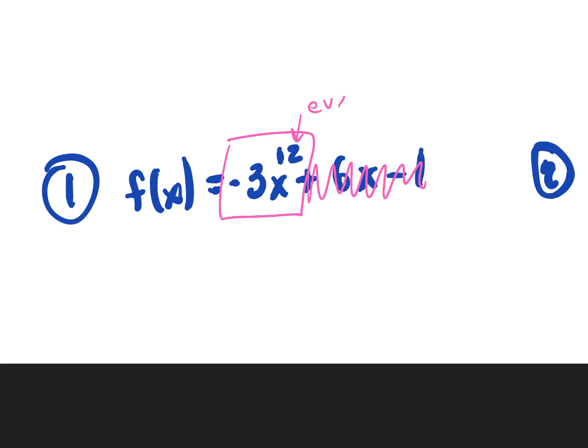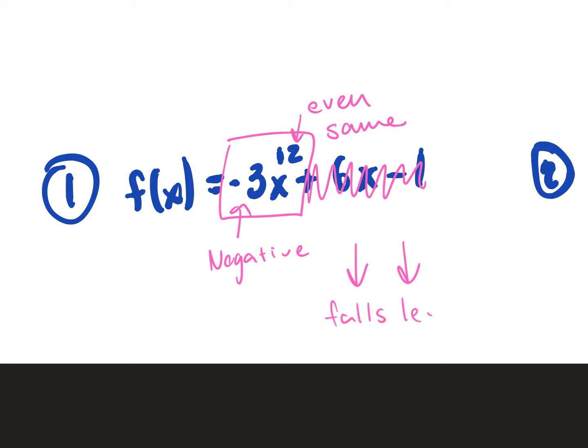It's even. So they go in the same direction. Is my leading coefficient positive or negative? Negative. So are they going to go up and up or down and down? Down and down, because they're negative. The right one goes down, and they're going in the same direction, so the left one goes down too. So we could say it falls left and right.